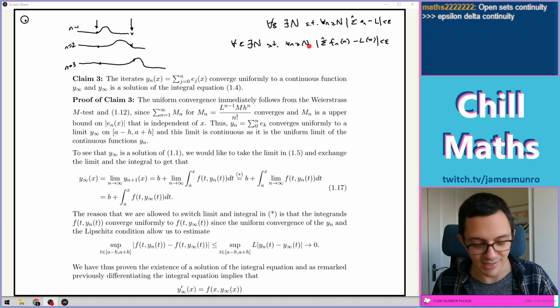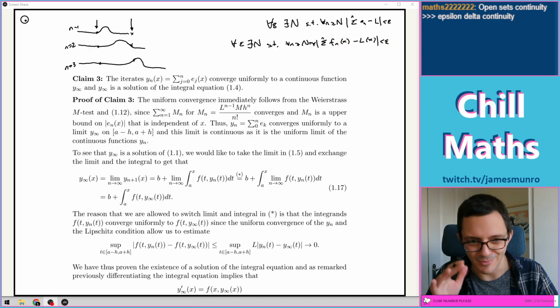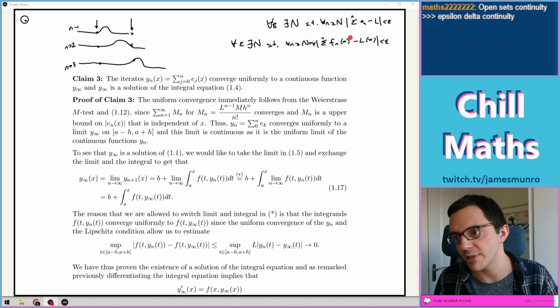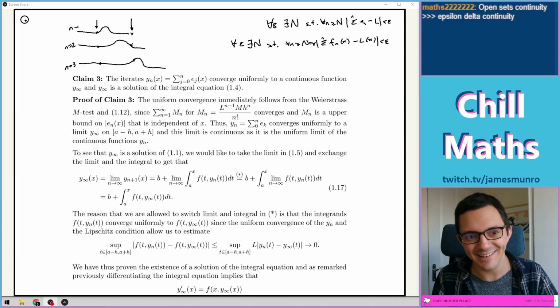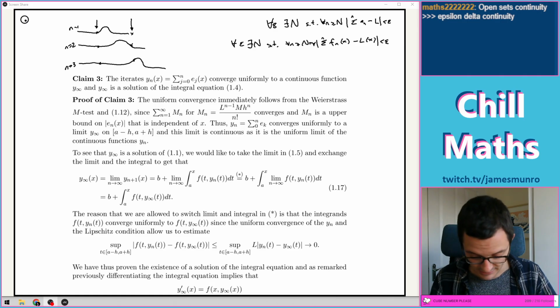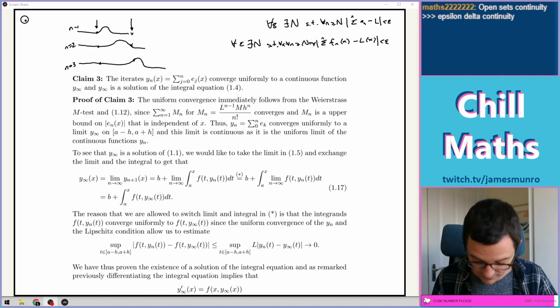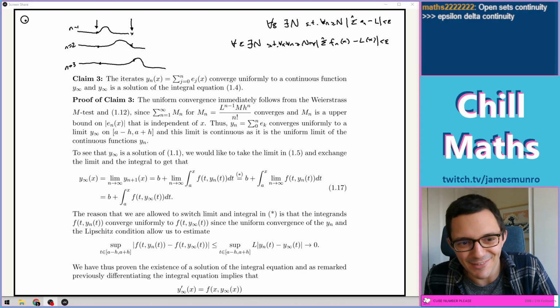So I suppose I need to put in here, well, it depends what you want to do, but let's put in the supremum of the difference between these things, the maximum difference between these things, if you like. Supremum technically, sort of maximum distance between these things less than epsilon. You should put for all x in here somewhere. And the correct place to put it if you want to do uniform convergence is here, kind of inside some of the brackets.